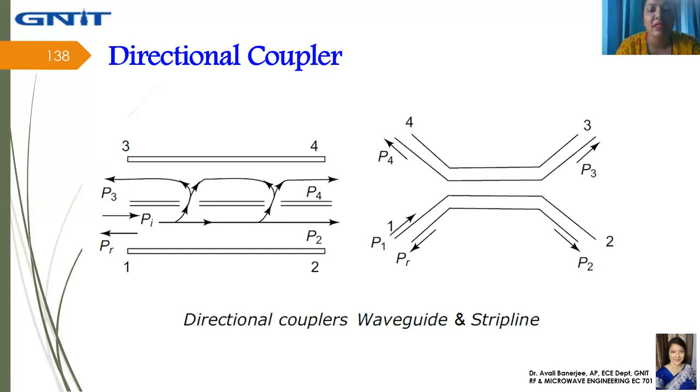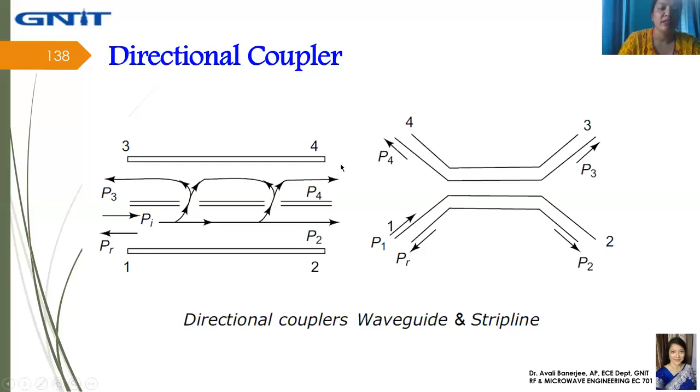There are 3 basic types of directional coupler. One is multiple aperture waveguide type. The second one is coupled coaxial or strip or microstrip line. And the third one is branch line couplers. This is the schematic of the directional coupler for waveguide and strip line; the schematic diagrams of these are shown here in this slide.